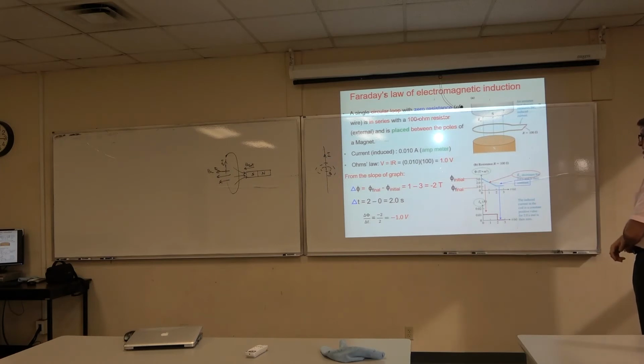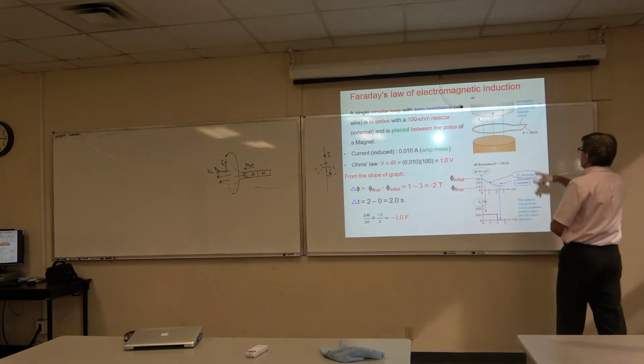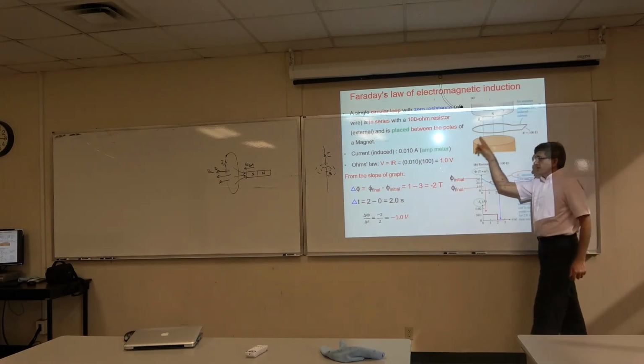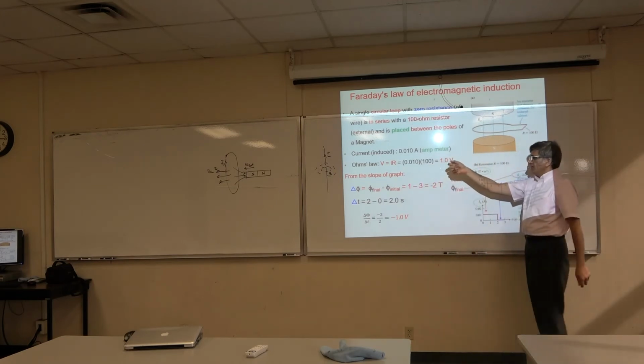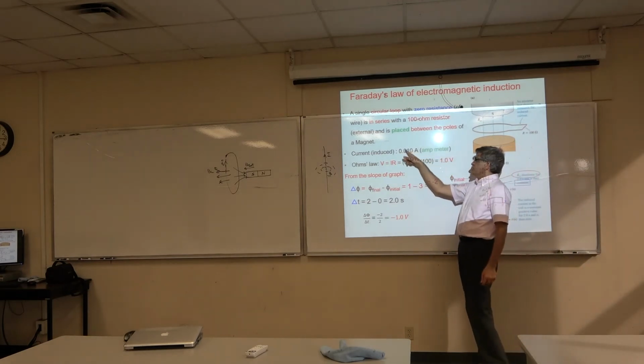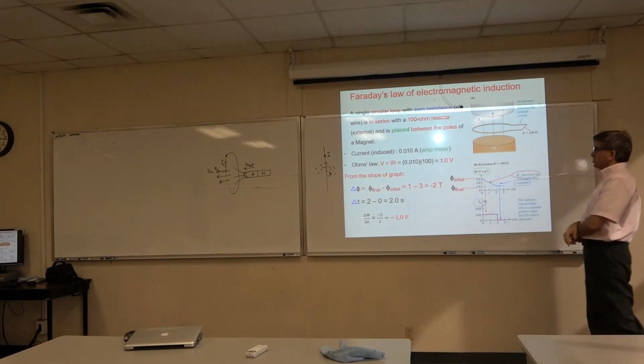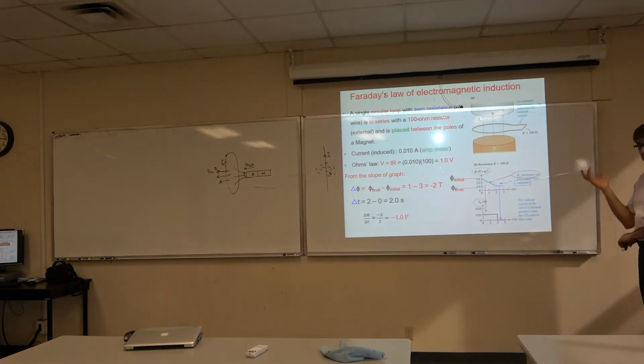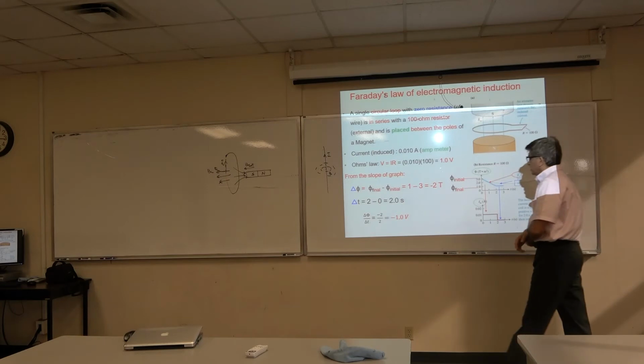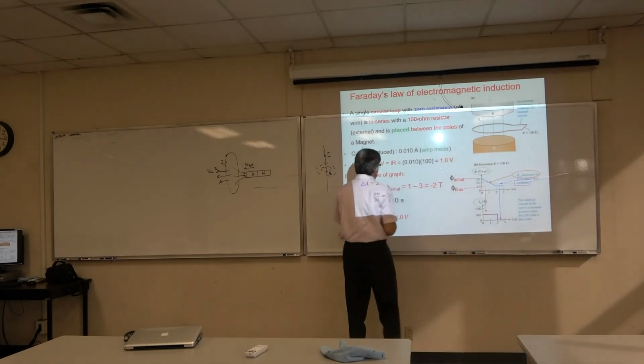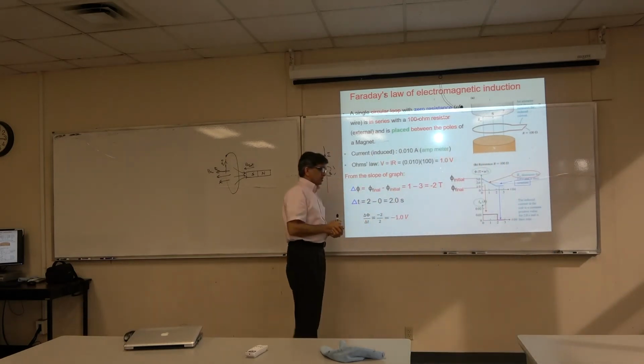Now the current can be measured through the galvanometer, and when I move this coil, the induced current in this system is 0.01 amp, which can be measured, as I said, with the device ampere meter. And now, what is the voltage induced?